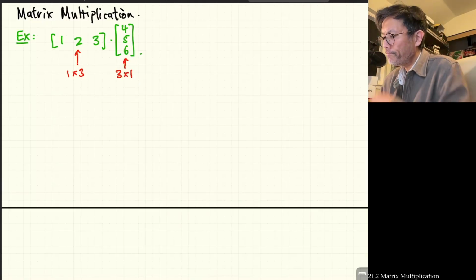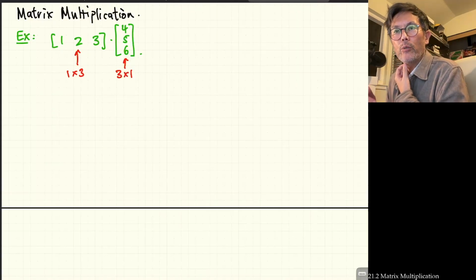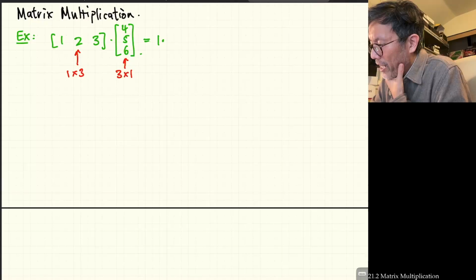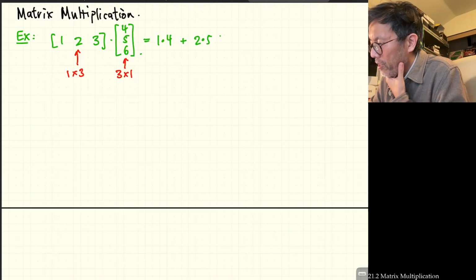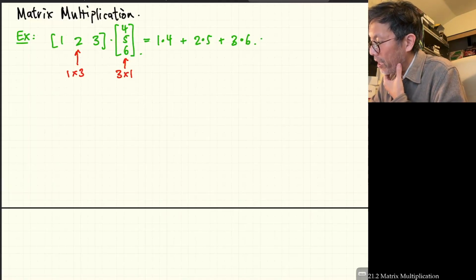Now, how do I define the product of these two matrices? Here's what I'm going to do. I'm going to do 1 times 4 plus 2 times 5 plus 3 times 6. This is how it's going to be defined. I'll explain, but let me just compute this.